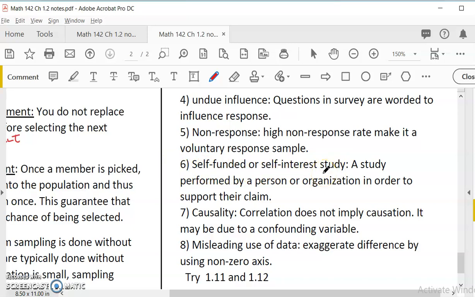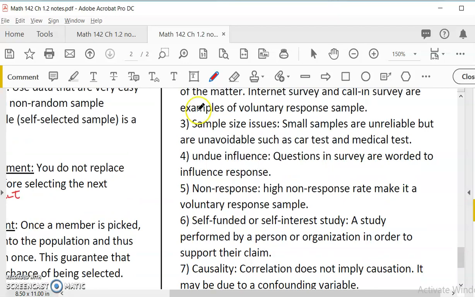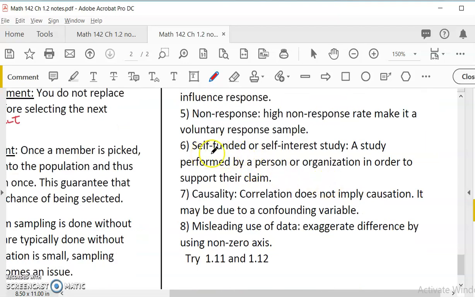Whenever we look at a statistical study, the two things that I always look at are whether it is a self-interest study and also how they collect the sample. Self-interest or self-funded studies are studies performed by a person or organization where they want the result to support their claim, or they will benefit from it financially. The researcher would have an incentive to produce results that help them. So look at a study by looking at who is behind it.